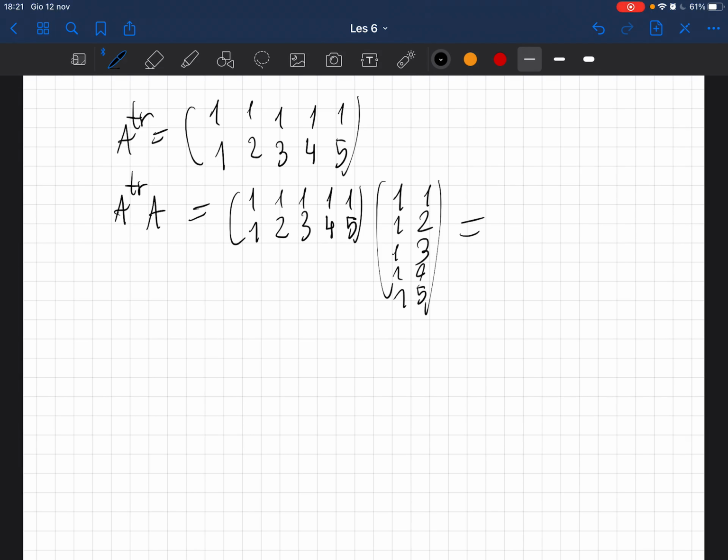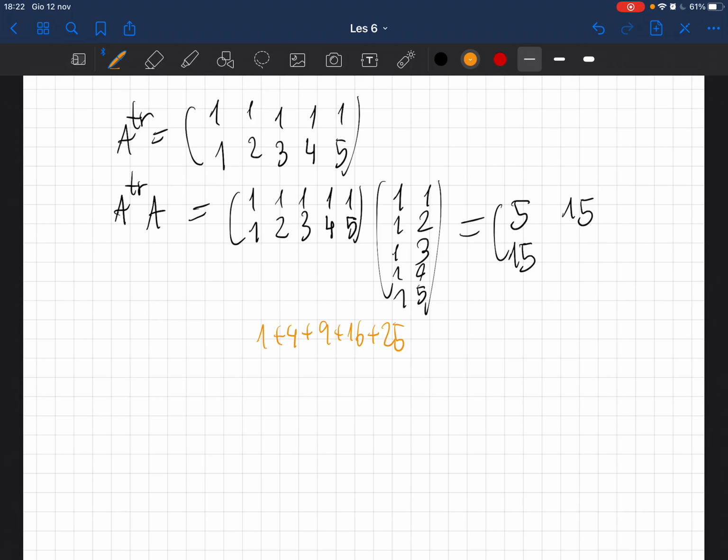So, what is it here? I think it's going to be 5 here, and then it's going to be 1 plus 3, 1, 3, 6, 15 here, and again this is going to be 15. It has to be symmetric, of course. And here it's 1 plus 4 plus 9 plus 16 plus 25.